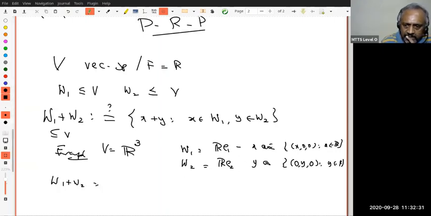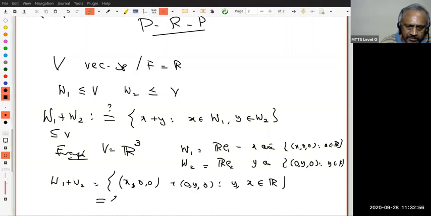Start with anything in W1, that means x, 0, 0, where x is any real number, and take anything in W2, that is 0, y, 0, where y is any real number. It should contain elements of this kind, where x is in R, y is also in R. Are there any restrictions on x and y? Nothing. They are arbitrary numbers.